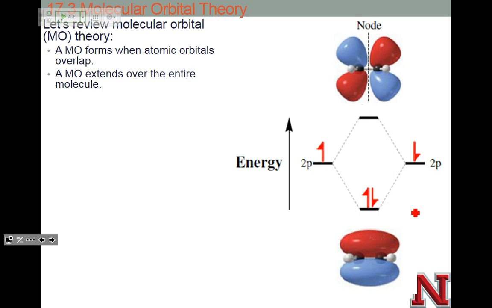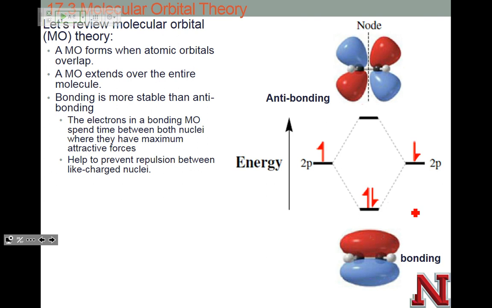We don't have to look at the sigma bond for these because they're lower in energy, so they're not going to be participating in the reactions that we'll be talking about. So we're not even going to map them out. We're only going to map out the outer layer where the reaction is going to occur. So the atomic orbital is just our unhybridized p orbitals, and then they come together to form our pi bond. So our molecular orbital does extend the entire molecule.